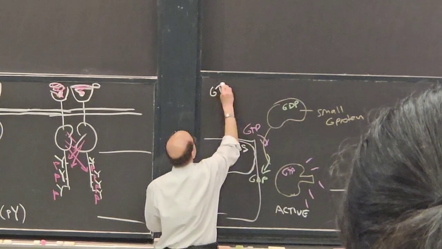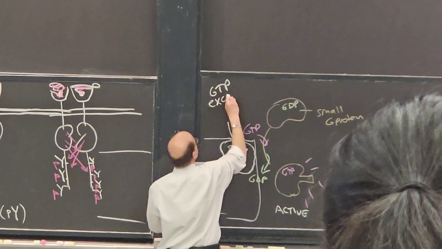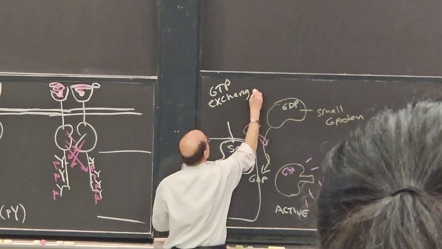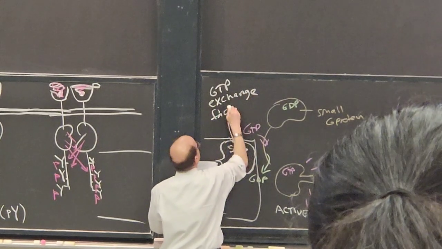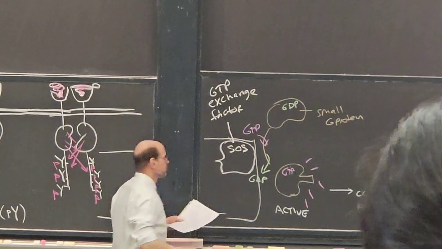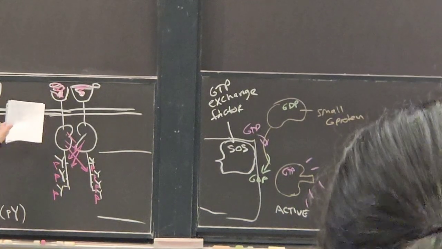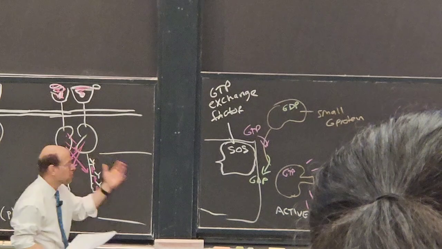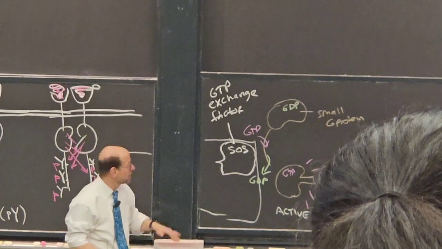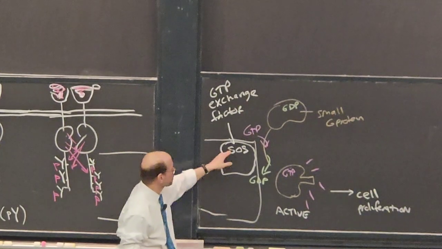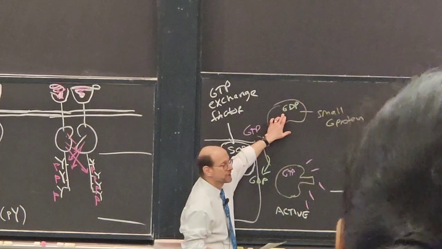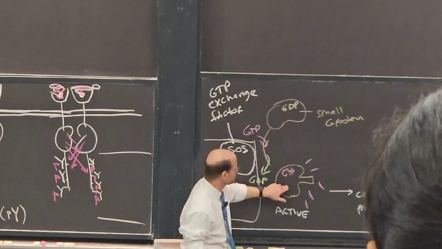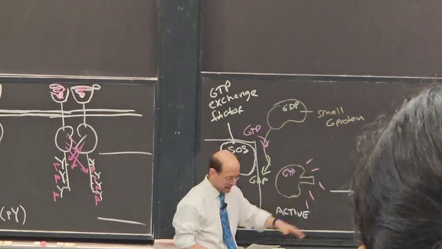This is my GTP exchange factor. So somehow, binding of a ligand to a receptor tyrosine kinase has to turn on the GTP exchange factor. And that GTP exchange factor is going to cause this G protein that's bound to GDP to convert to the GTP bound form and do that.